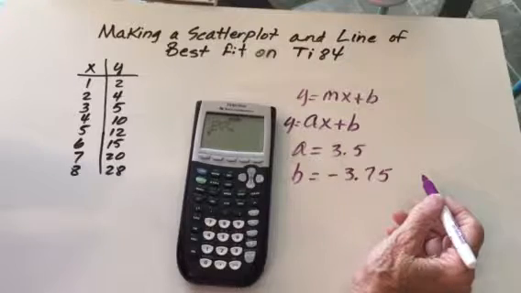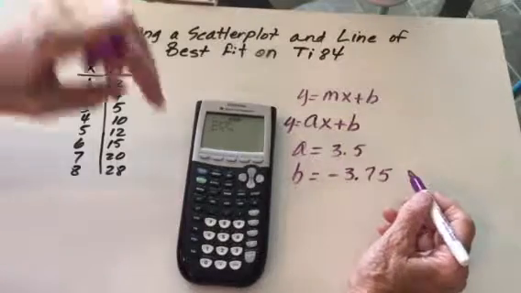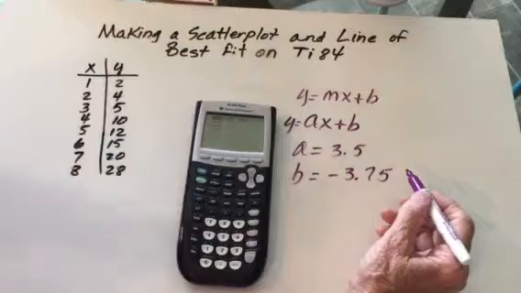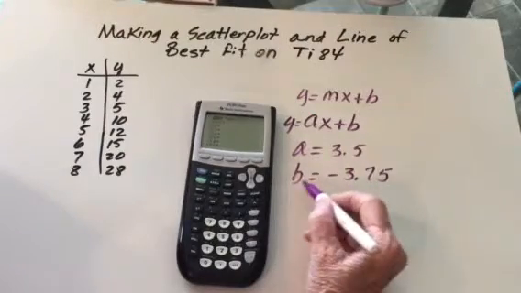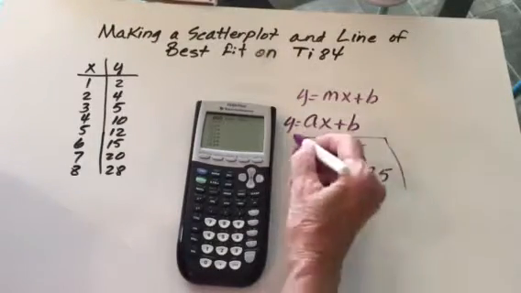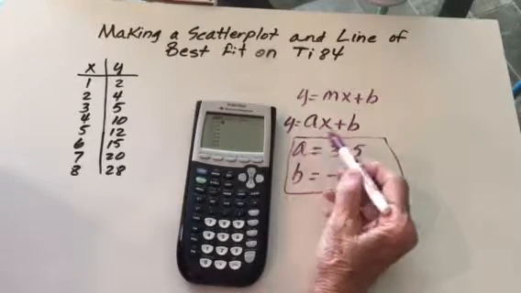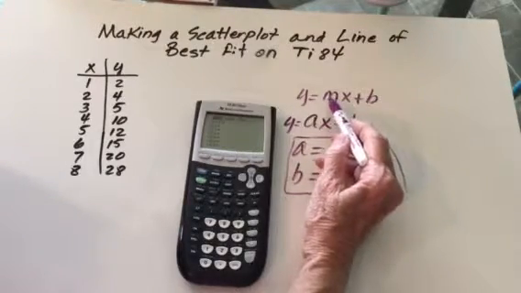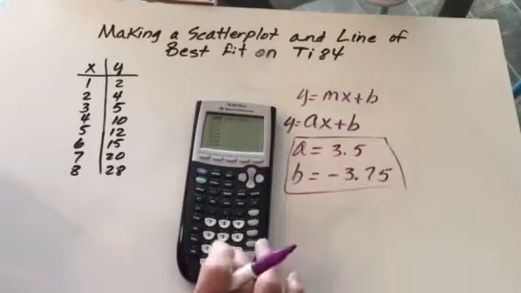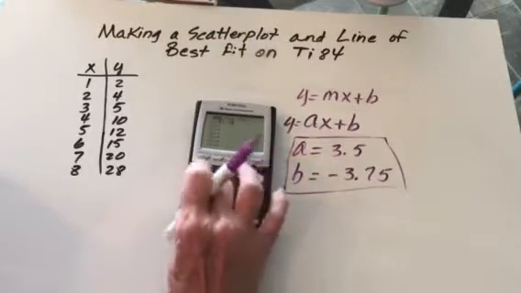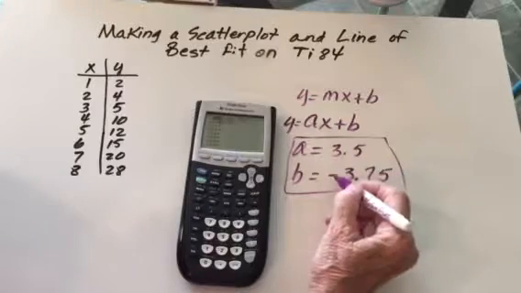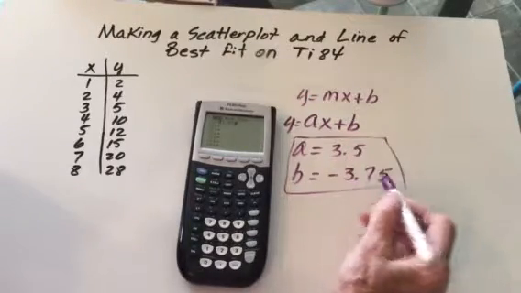All right? Now, next thing you do, you go to Y equals. Now we're going to enter this information in y equals mx plus b. The number that goes in front of the x is 3.5. So I'm going to enter 3.5x. And then the b is negative 3.75.